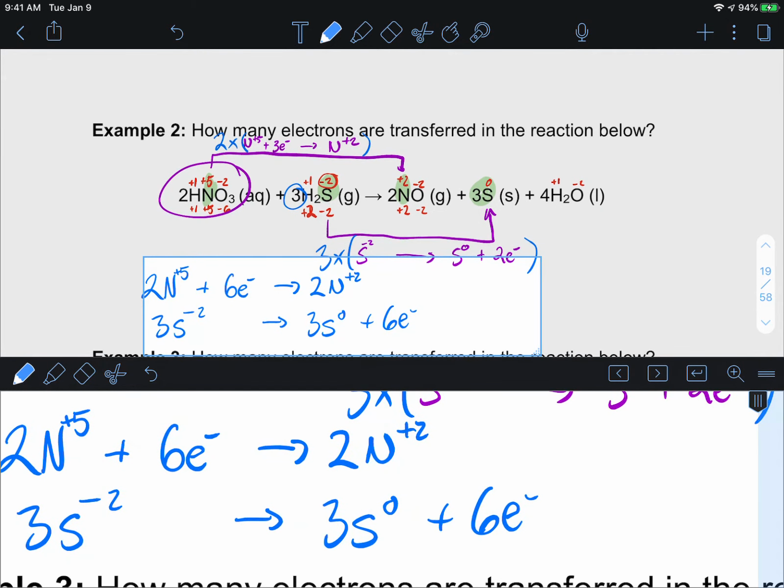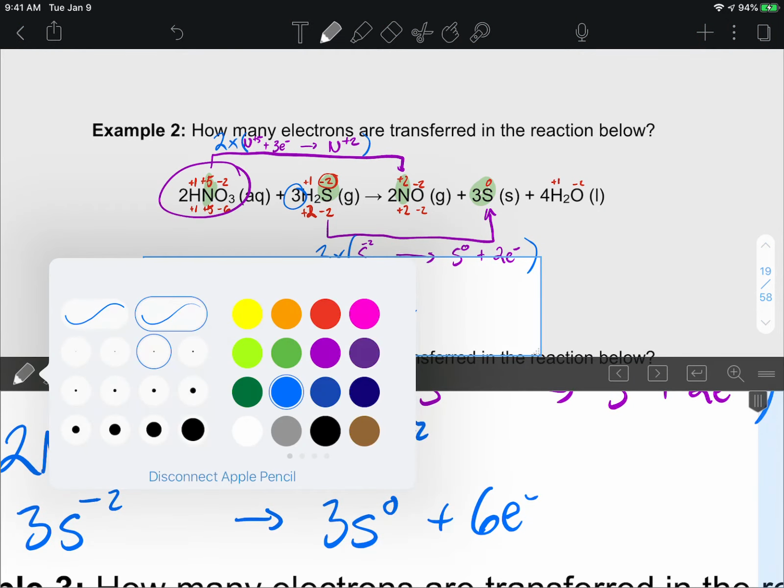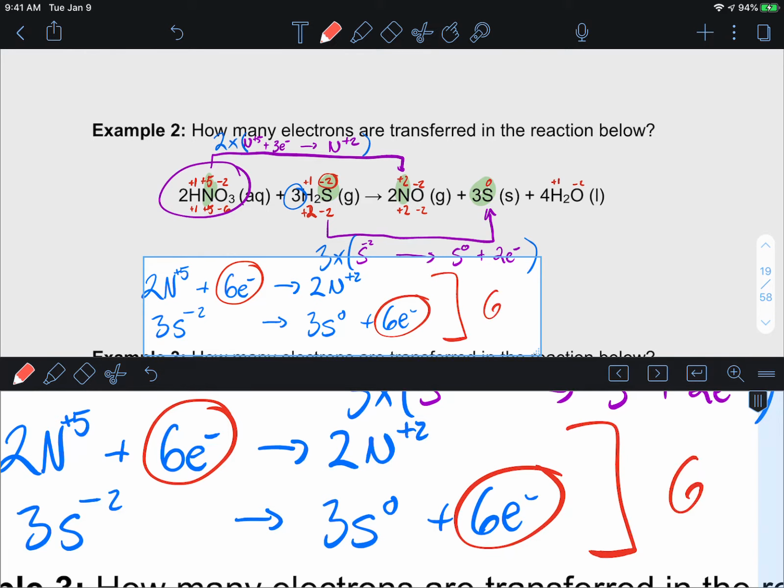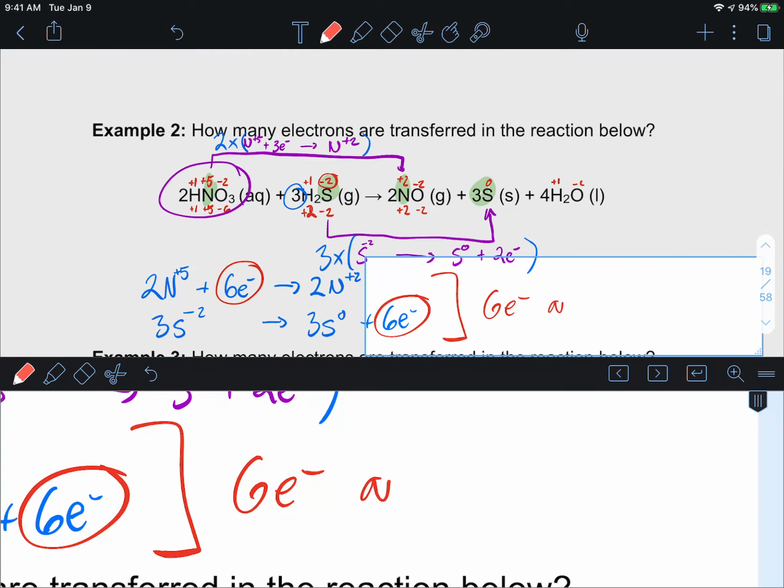So we can see that in total, the electrons are transferred, so they're produced and used up in the same chemical reaction. We can think that in total, 6 electrons are transferred.